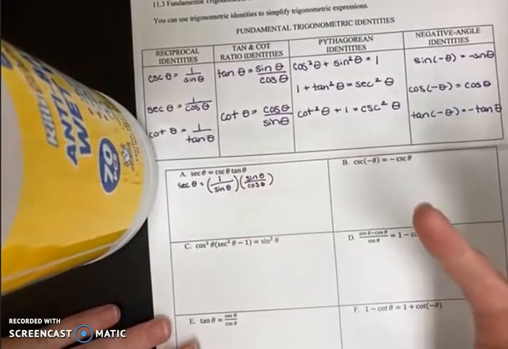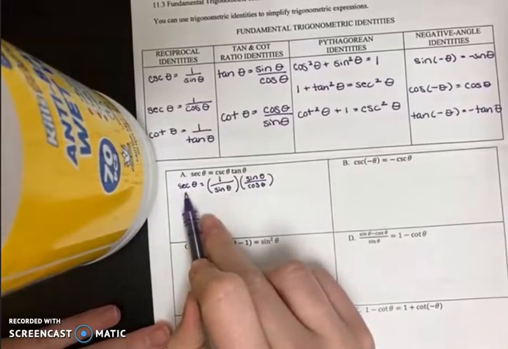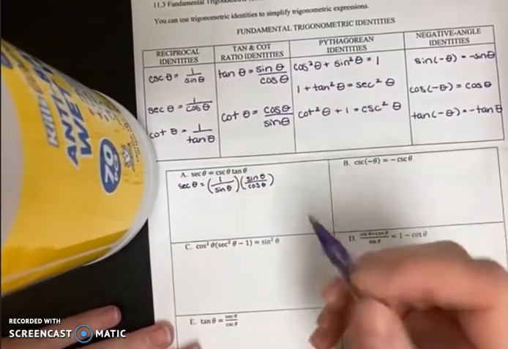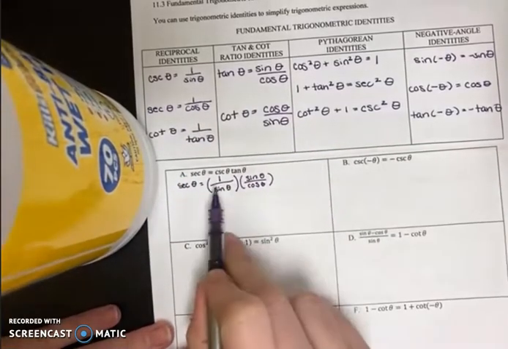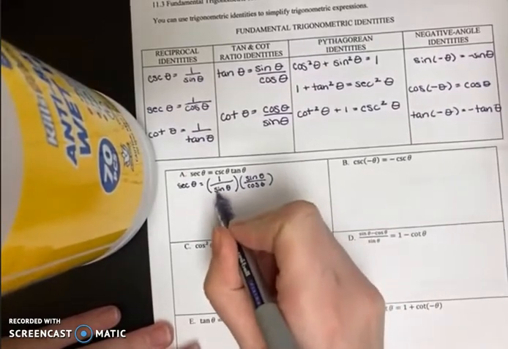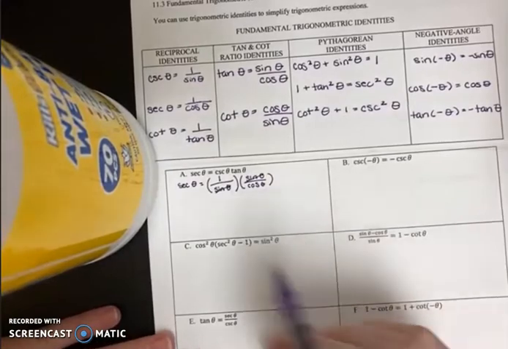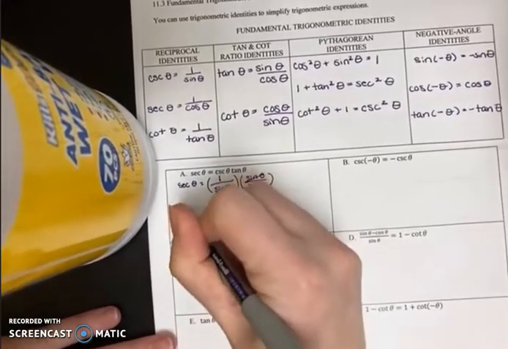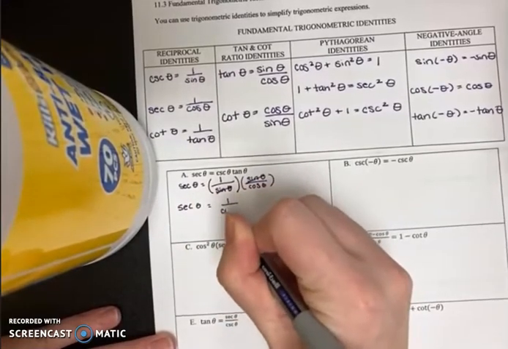Now keep in mind, we're trying to get it to match secant, which is the reciprocal of cosine, which looks like this. So if I were to multiply my two expressions together, notice how there's a numerator and denominator version of sine theta. So those cancel out, and I'm left with secant theta equals 1 over cosine theta.